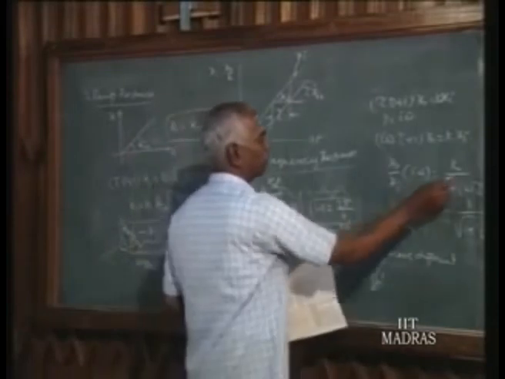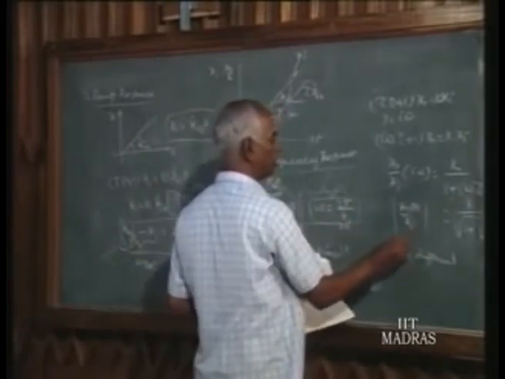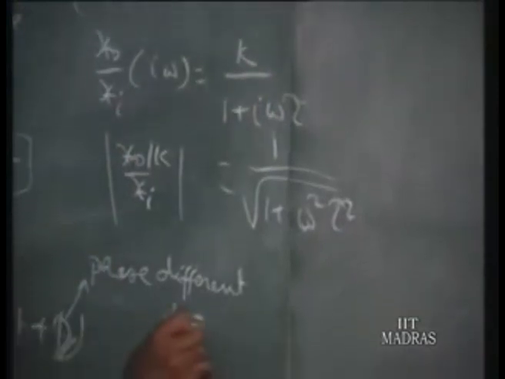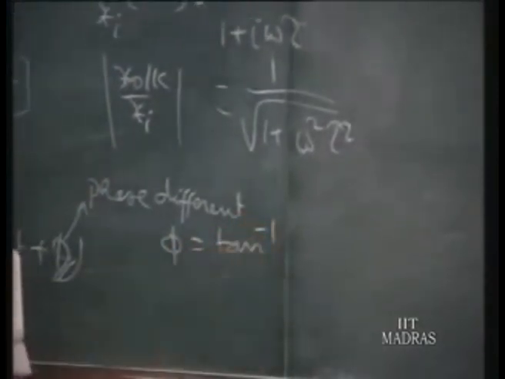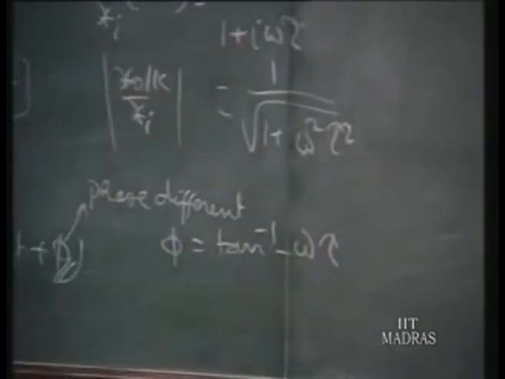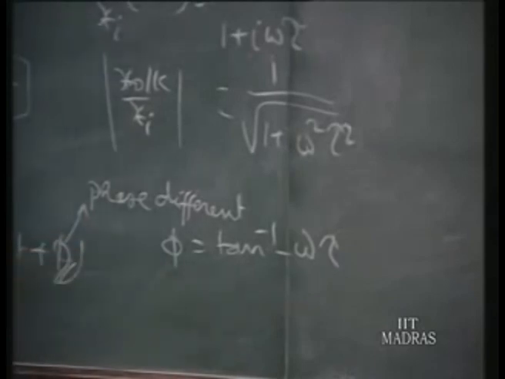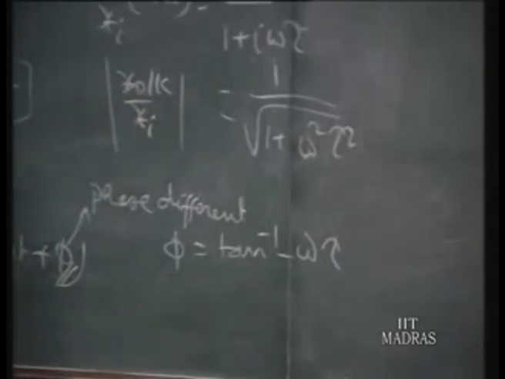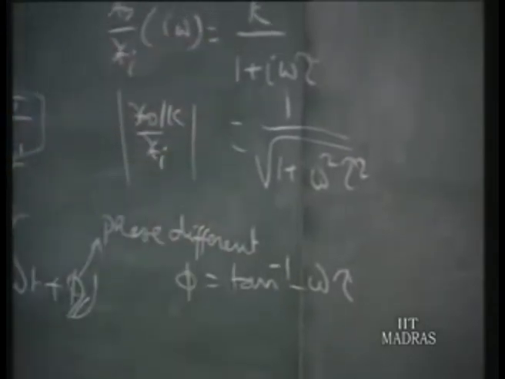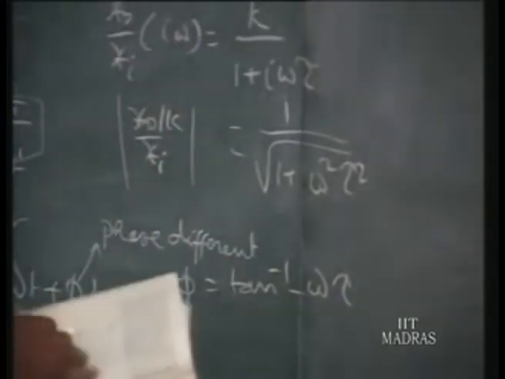From this we write the magnitude ratio from which we get AO, and then the phase difference phi equal to tan inverse of minus omega tau. In this case it is in the denominator, so phi is this. So AO and phi are both obtained from this equation.